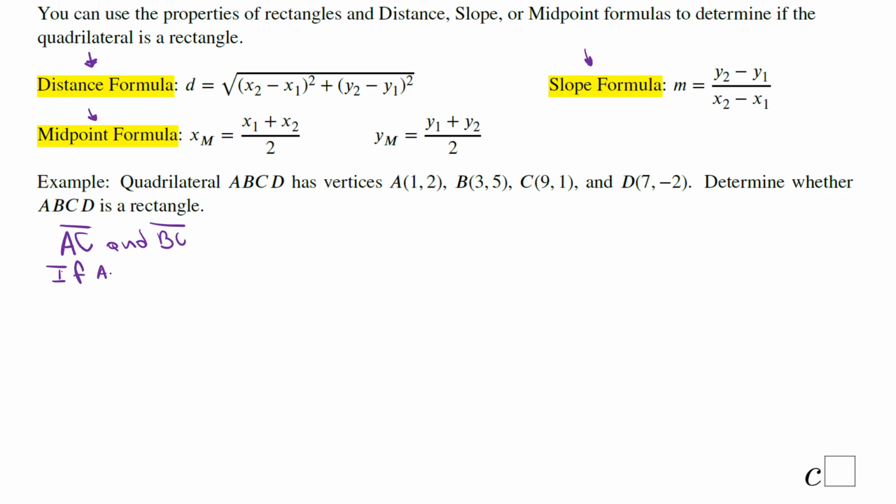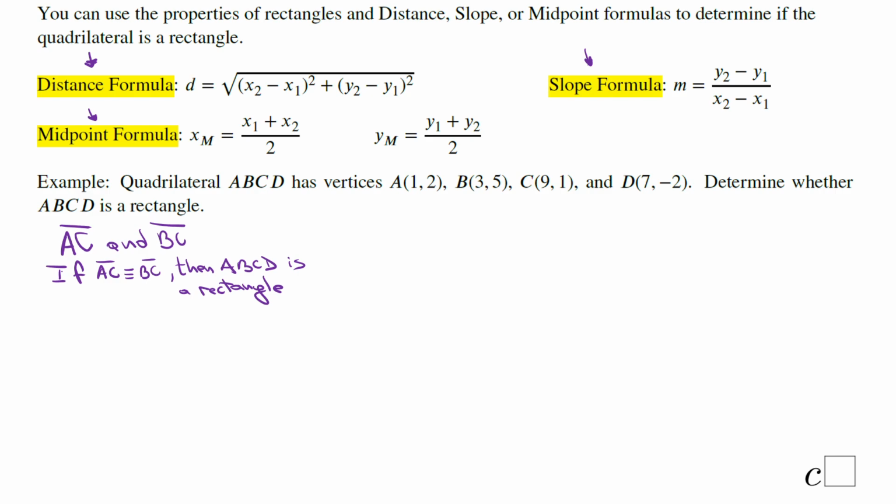So if AC is congruent with BD, then ABCD is a rectangle. That will be one way. Now, some people may ask, can it be something else besides a rectangle? Yeah, it can be a square, but so far we talk about a rectangle here.